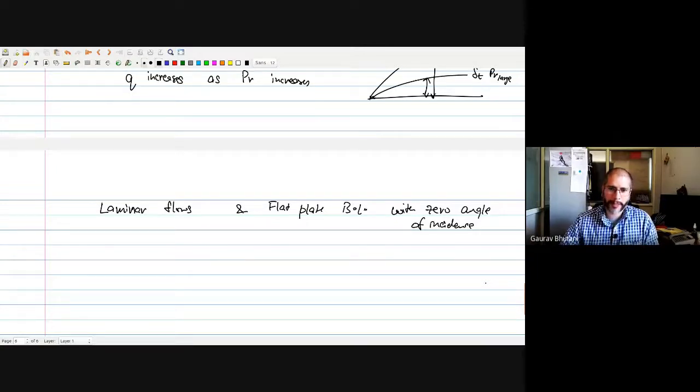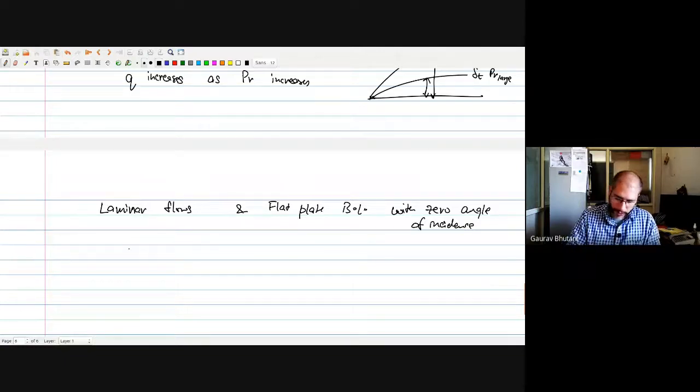From that empirical relation, we got the actual functional form for this flat plate boundary layer. But remember that the non-dimensional analysis was still valid for other geometries as well, because that discussion was more general, and the solution of this system of equations was specific to the flat plate at zero angle of incidence, and this all was laminar flows.